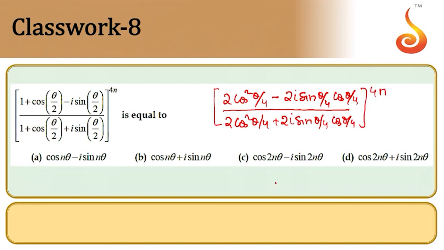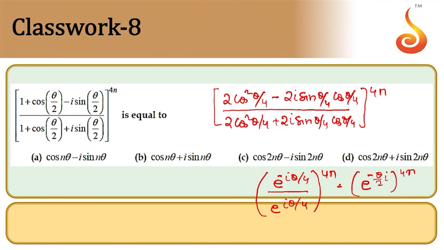If you take common, you get e to the power minus i theta by 4 divided by e to the power i theta by 4, whole to the power 4n.